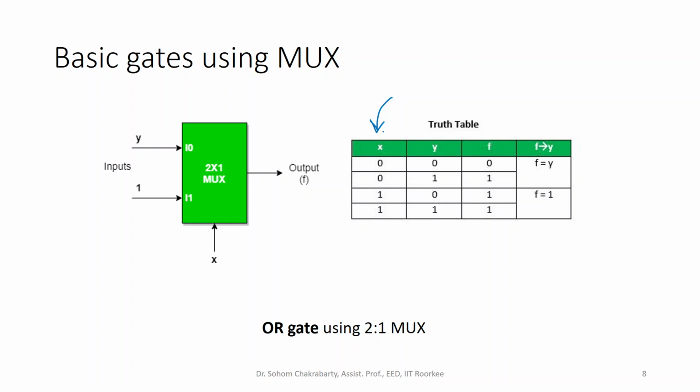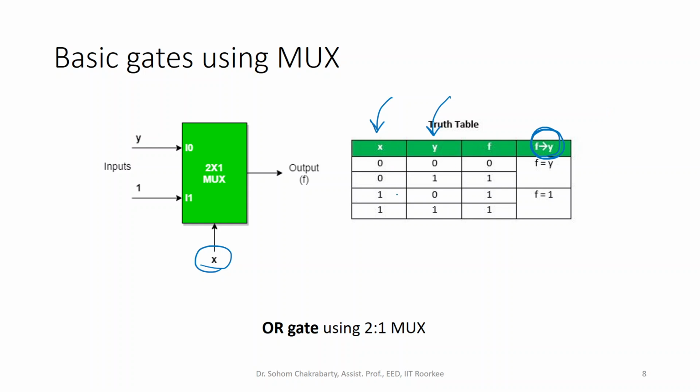We are trying to utilize the largest bit as the select pin, and for one of the bits, the LSB, we are representing the output function in terms of this LSB. That is what we are trying to do.